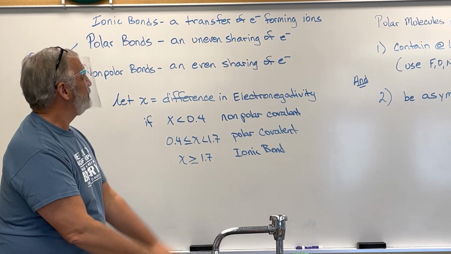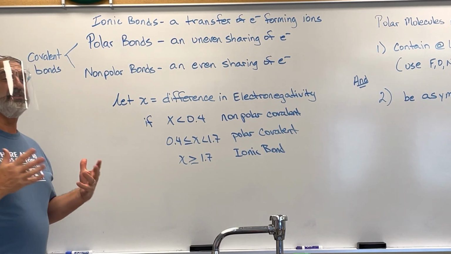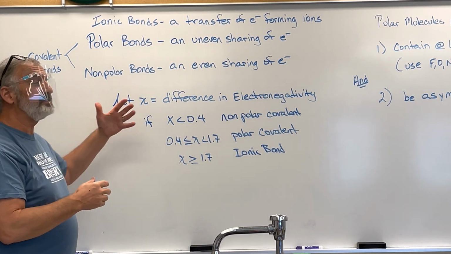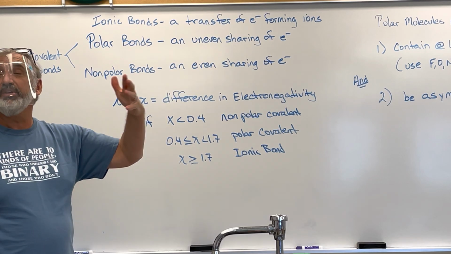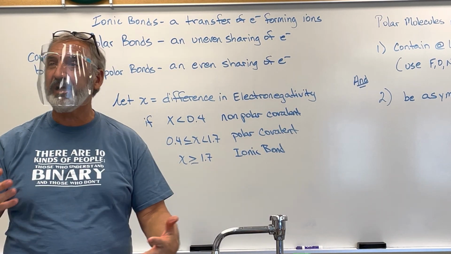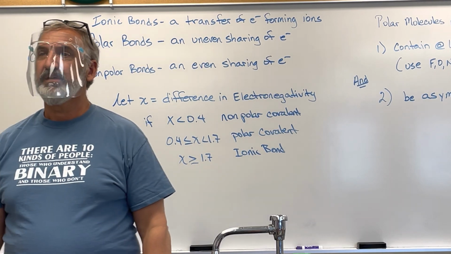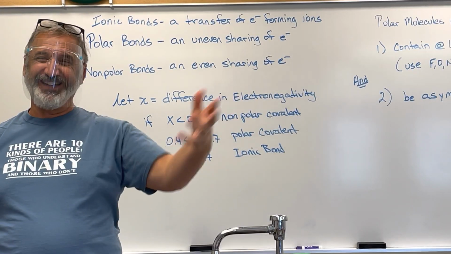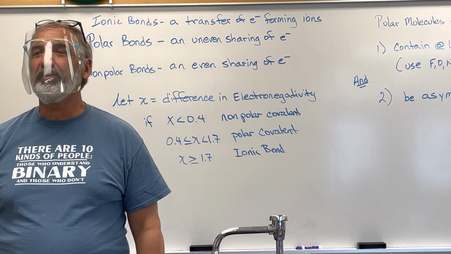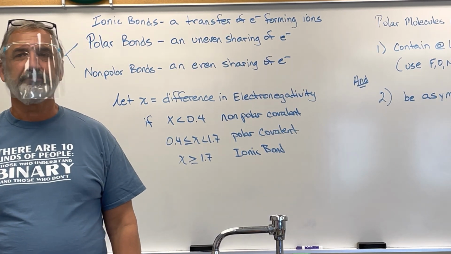All right. So at the end of the video yesterday, we started talking about polar bonds and polar molecules. The Earth has poles. It's got a North Pole and a South Pole. What does that mean? That's where Santa Claus is from. Okay, Santa Claus is at the North Pole. Well, why do we call it a North Pole and a South Pole? That's magnetic.